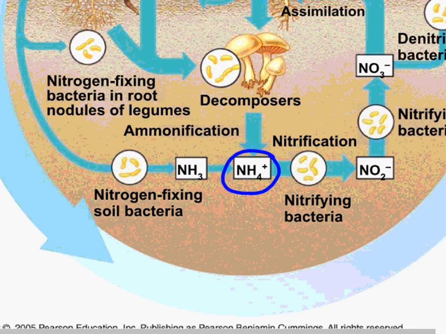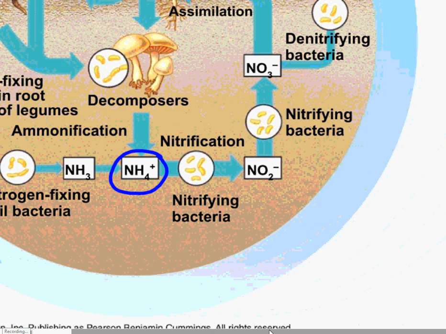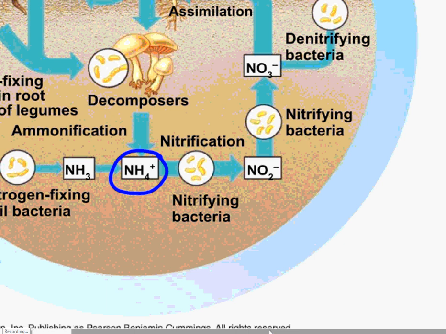But notice there are some organisms that really like that ammonium as well. These are called nitrifying bacteria. And through a process called nitrification, we'll turn that NH4, that ammonium, ultimately into NO3, which is called nitrate. And nitrate is another substance that plants can use.